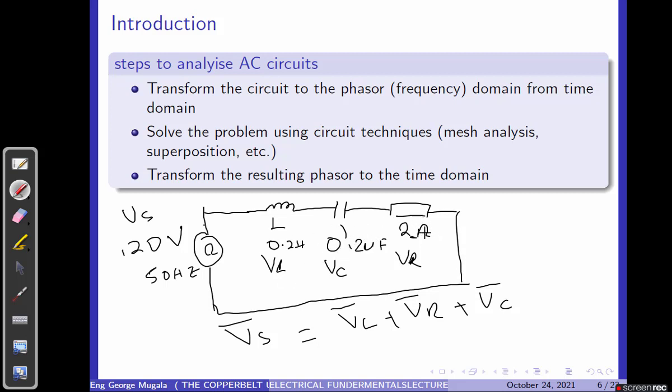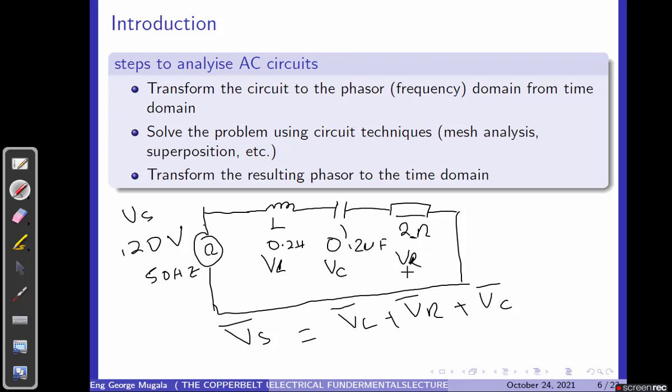If this is a pure resistive load, if this is 2 ohms, 3 ohms, then we just add the voltage across each resistor to get the supply voltage. But now here we've got different values. This may not be the straightforward case, right?